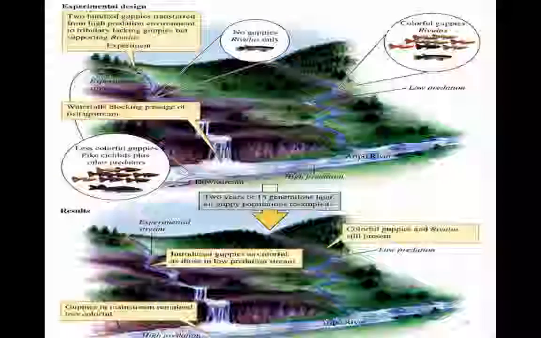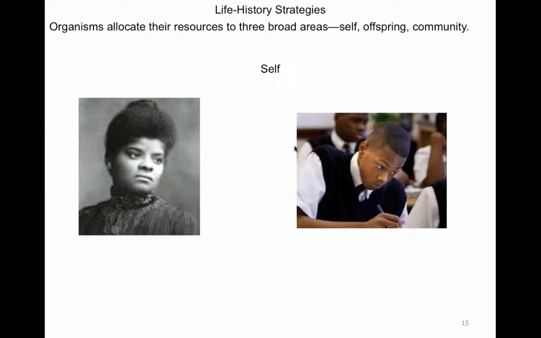Life history strategies. Organisms allocate their resources to three broad areas: self, offspring, community.